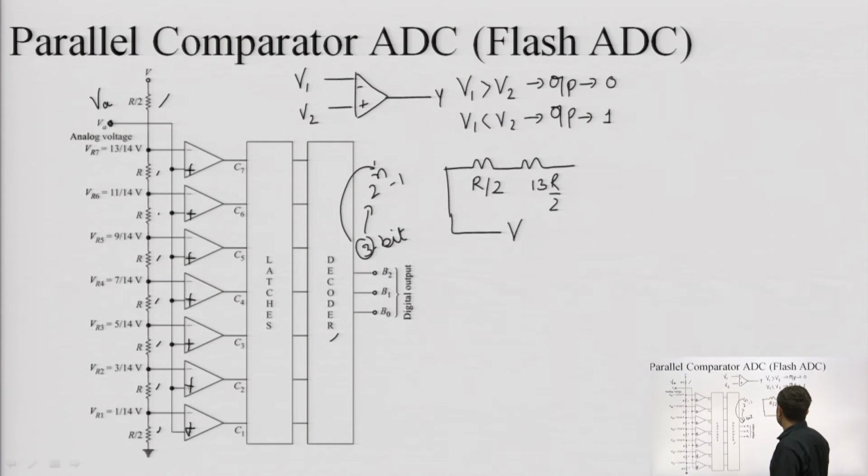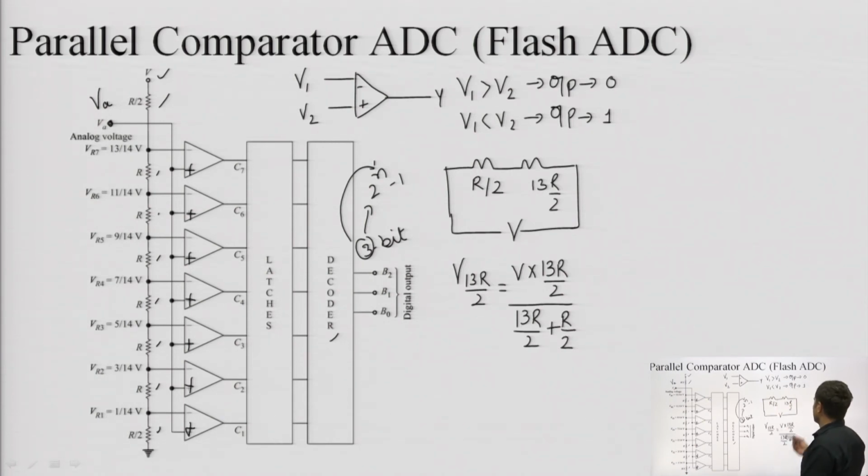If we are passing a voltage V here, and we calculate the voltage across 13R by 2, it will be equal to V into 13R by 2 upon 13R by 2 plus R by 2.